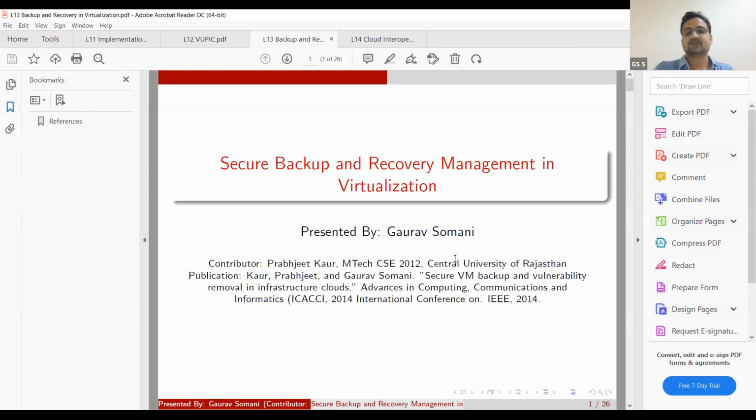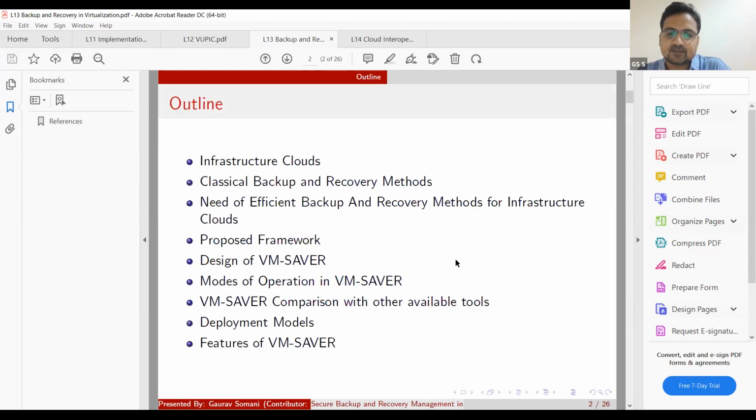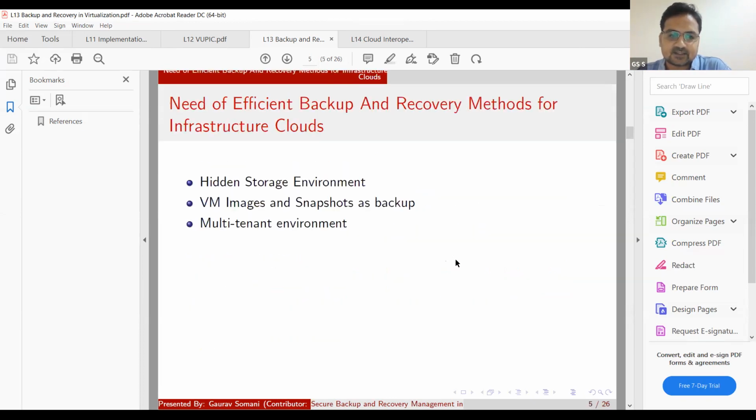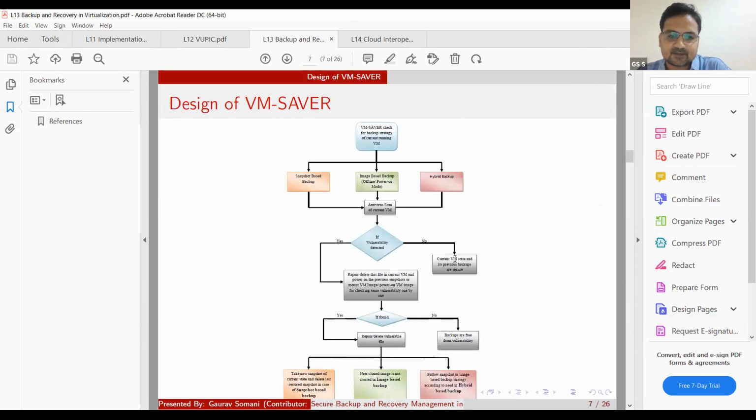One student like you took motivation from this class and worked on her master's thesis on secure VM backup and vulnerability removal. So there was an additional aspect of security. I'll come to it, but let me directly come to what she proposed. She proposed this.